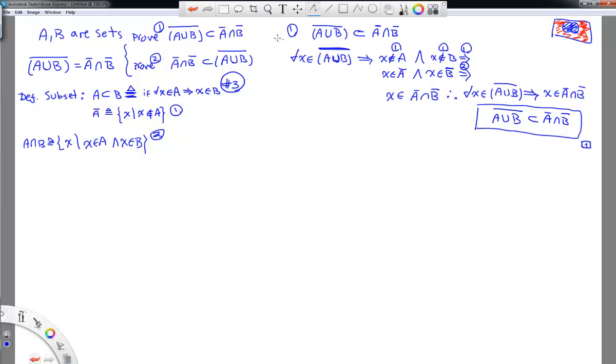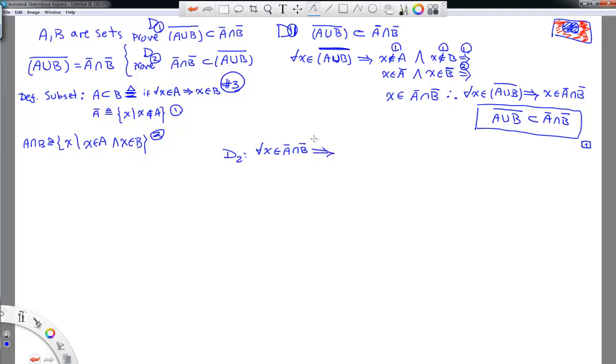Let's call this D sub 1, and then D sub 2. Now let's look at D sub 2. To prove D sub 2, I want to show that every element of A complement intersect B complement is also an element of the complement of A union B. So I'm going to look at every x that belongs to A complement intersect B complement.